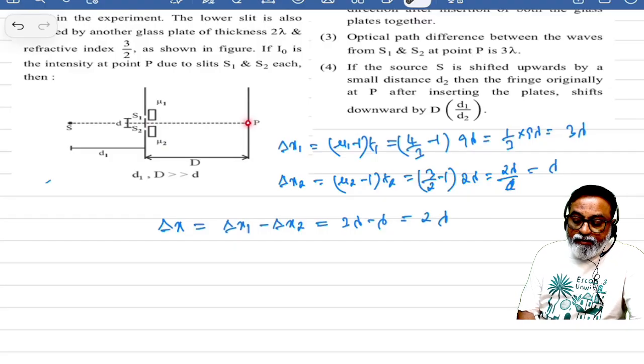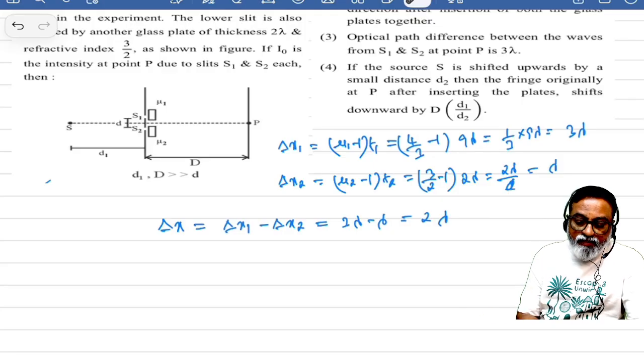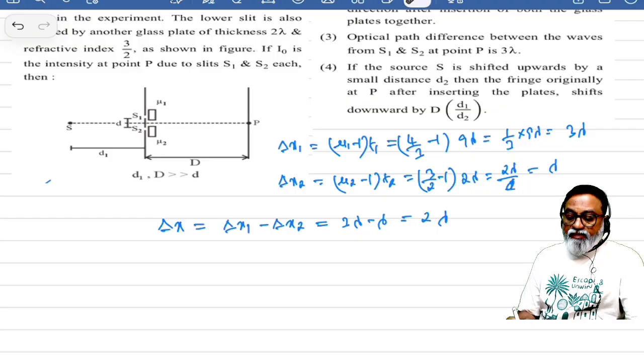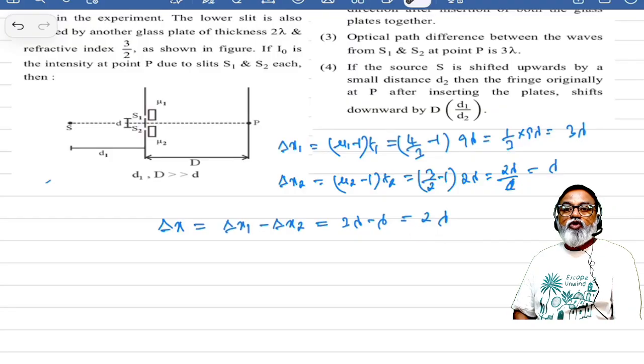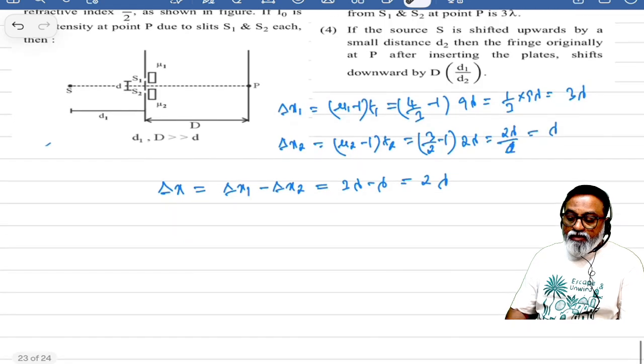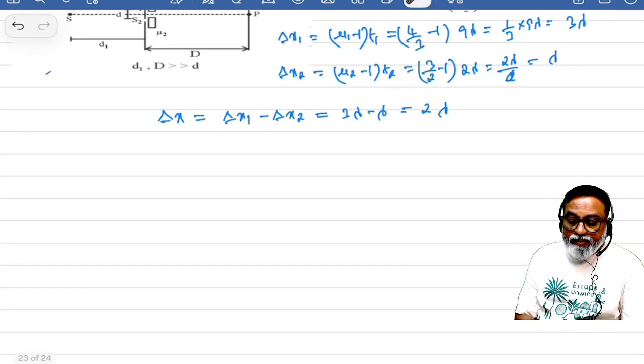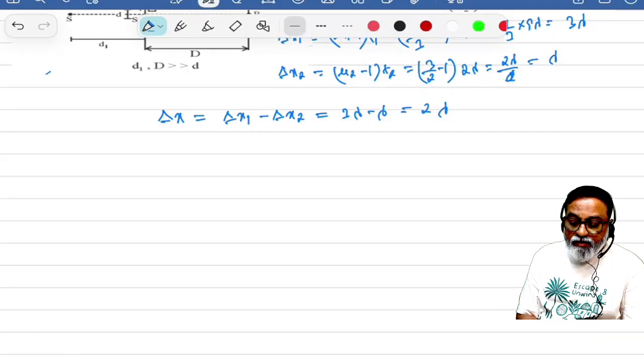Now, at this point P, before insertion of the glass plates, the path difference is 0. But after insertion of the glass plates, there is some path difference, equal to 2 lambda. Therefore, at point P, we have to find the intensity. To find the intensity, we have to know the phase difference. Phase difference phi is equal to 2 pi by lambda into delta x.